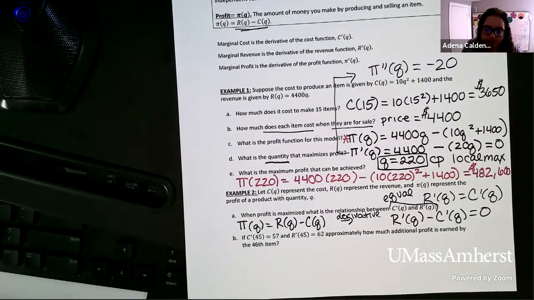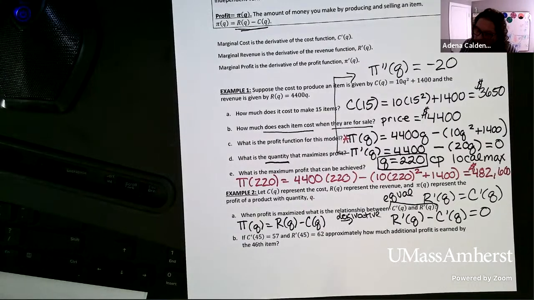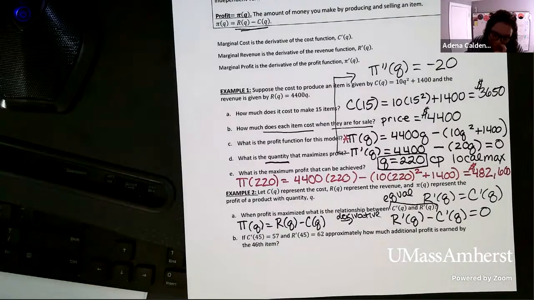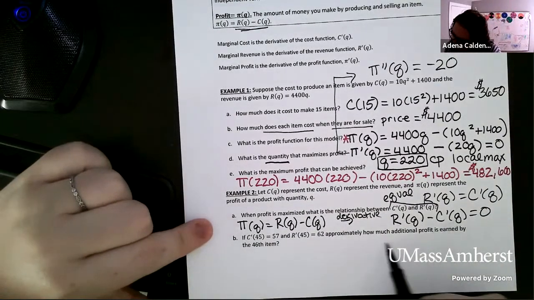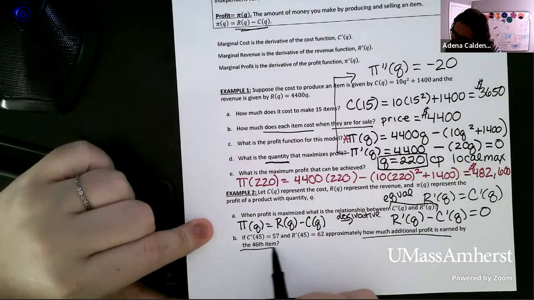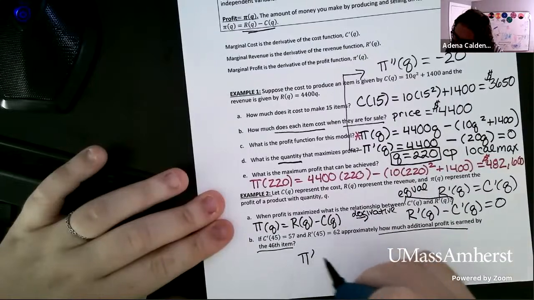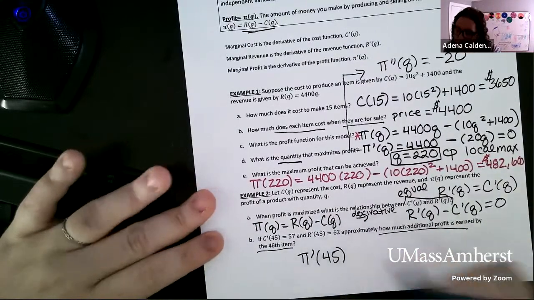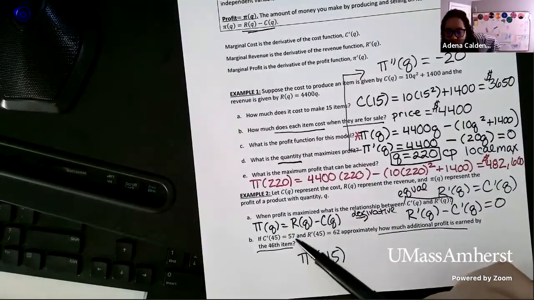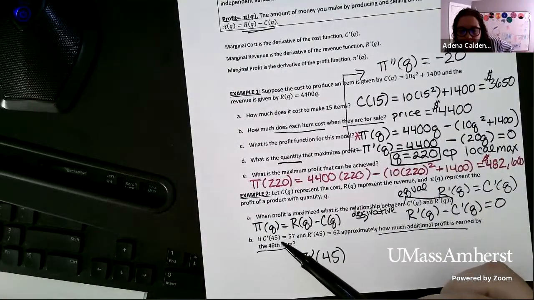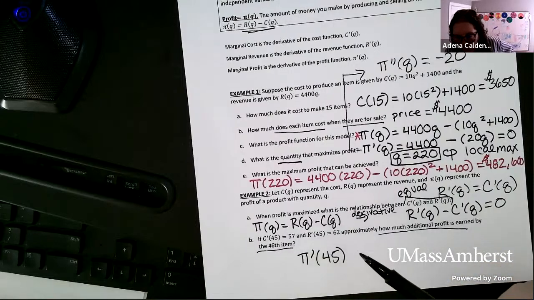Okay, so for part B, this is just a reminder of what the derivative is telling us. The derivative is helping us remember that it's the change by adding one more item. So looking at one ahead, what's happening in the next one unit. So if we're talking about this function here, how much additional profit is earned by the 46th item? This question is really asking you for the marginal profit at 45, because when we talk about the 46th item, we're talking about the difference in going from 45 to 46.